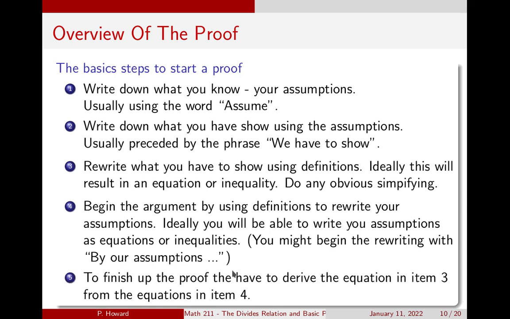And then finally, step 5, to finish up the proof, you have to derive the equation in item 3, the thing you have to show, from the equations in item 4. So hopefully this procedure will take a proof and reduce it to deriving an equation from other equations.